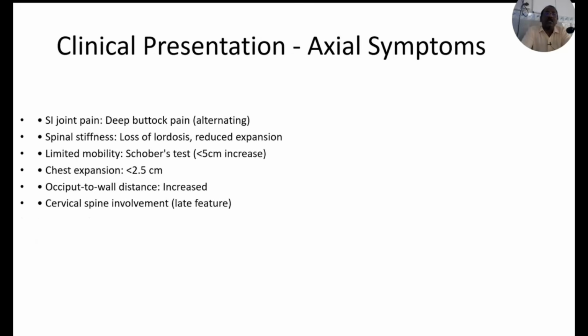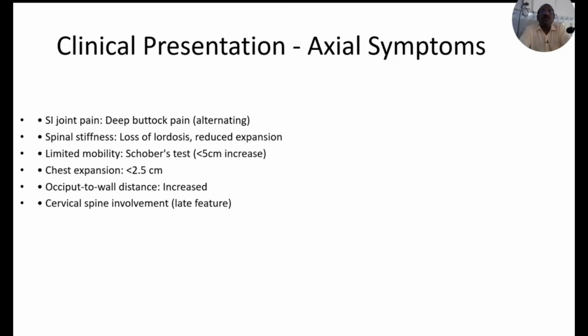Sacroiliac joint pain is a deep buttock pain, alternating. Spinal stiffness: loss of the lordosis, reduced expansion. Limited mobility is Schober's test, less than 5 centimeters increase. Chest expansion is also reduced because of costovertebral involvement; they will be fused. Occiput to wall distance is also increased, so they can't touch the wall with the occiput because of the ankylosing spondylitis.